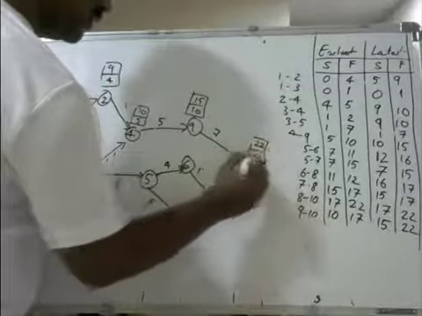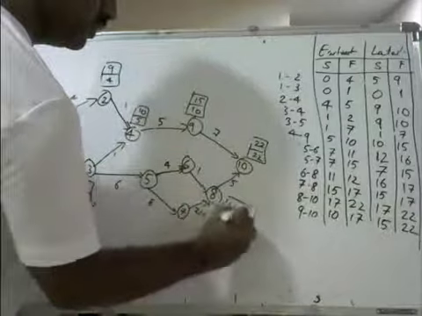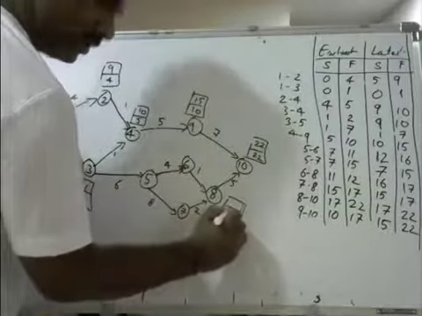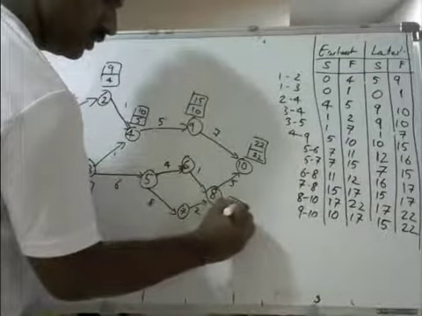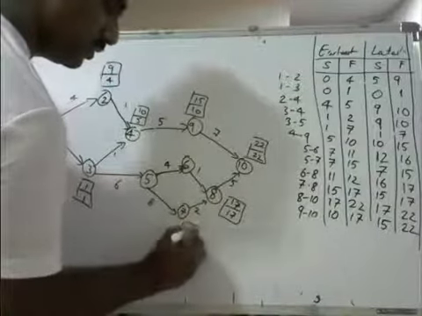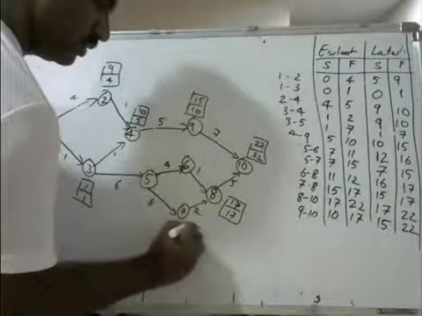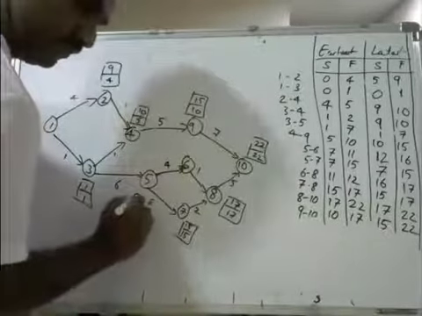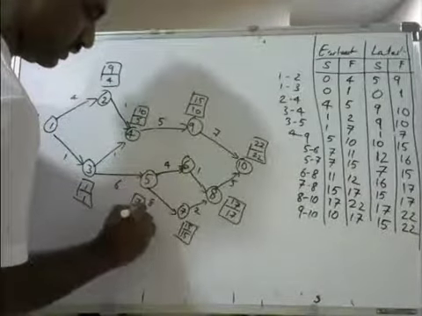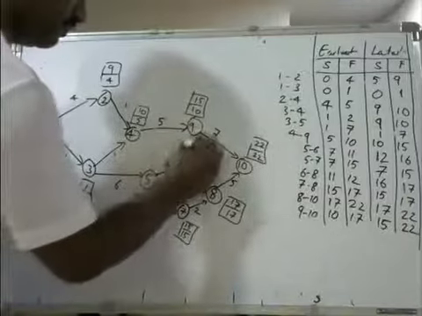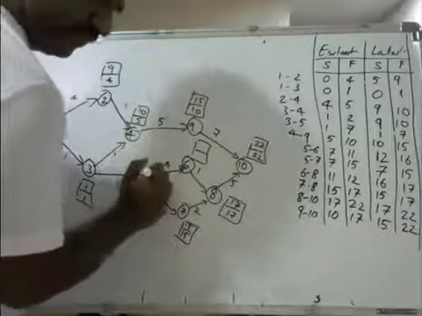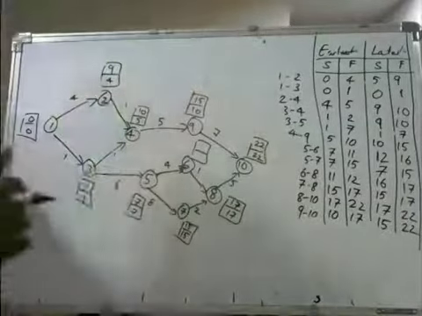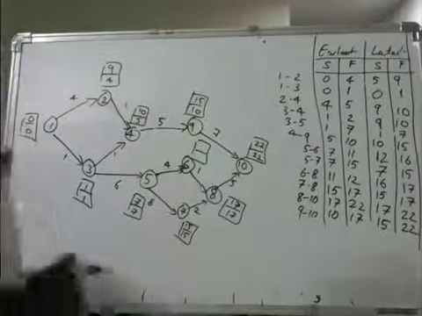This was 22 and 22. Fifteen and 15. This was 7 and 7. This was 16 and 11.